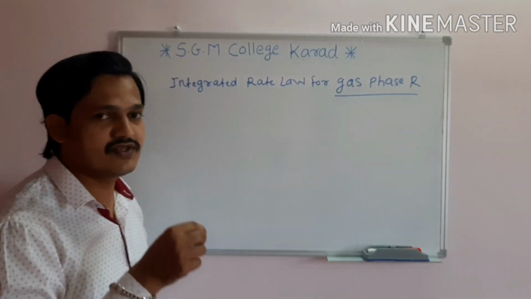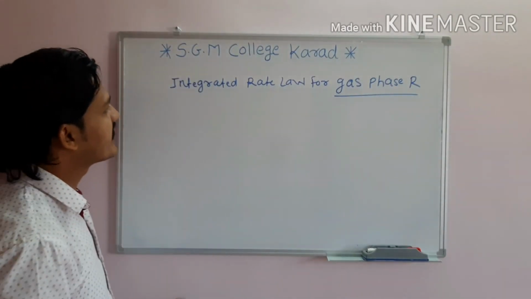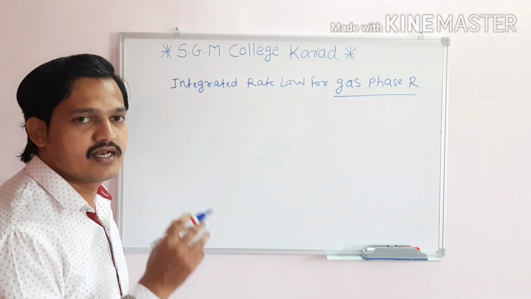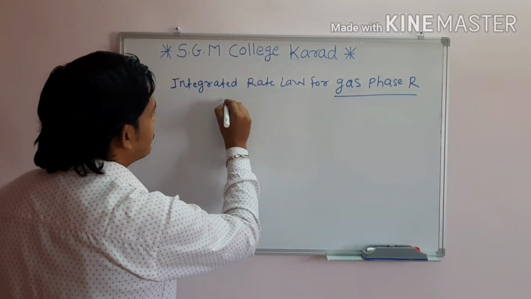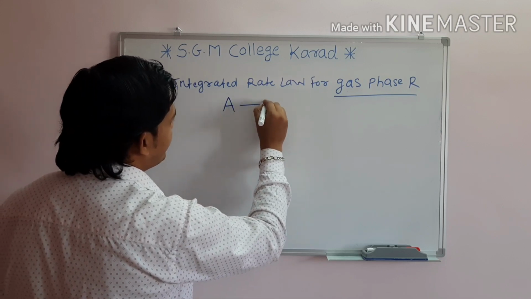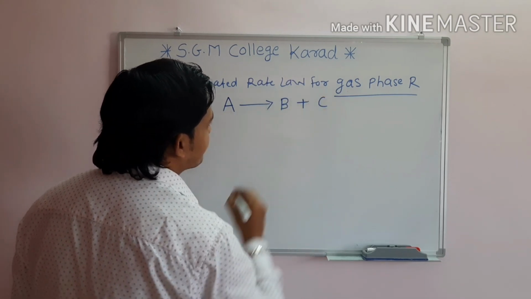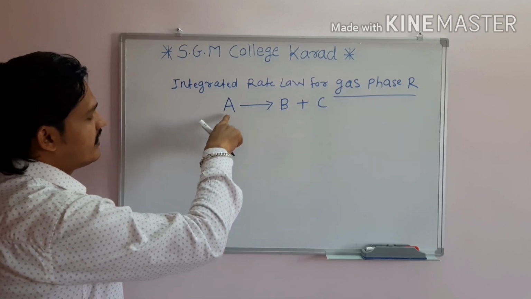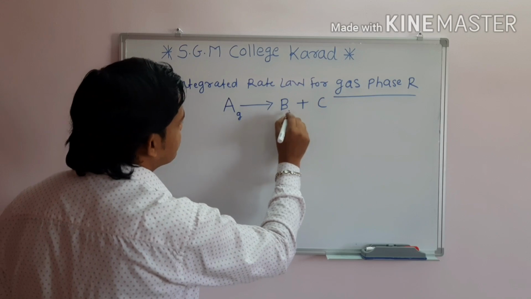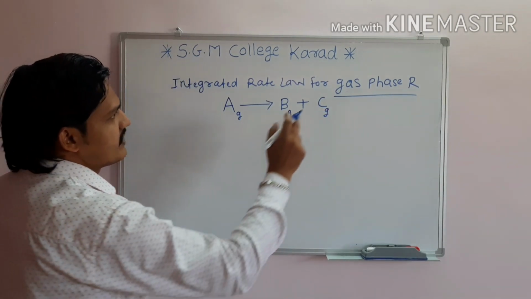But now, in this year, a new point is added in our syllabus, that is the integrated rate law for gas phase reactant. Let's see it in detail. Here is the equation: reactant A is converted into products B and C, because A, B, C consist of gaseous phase.